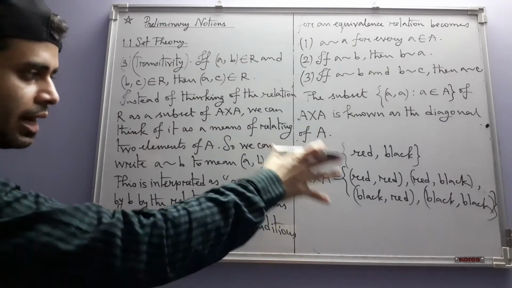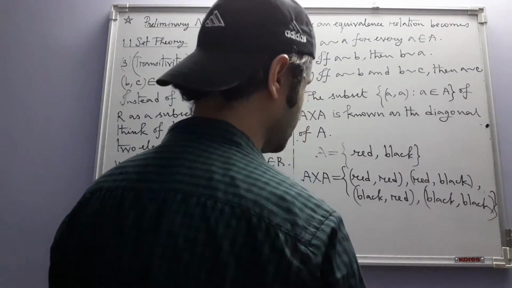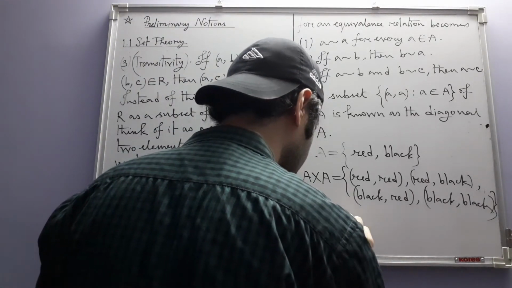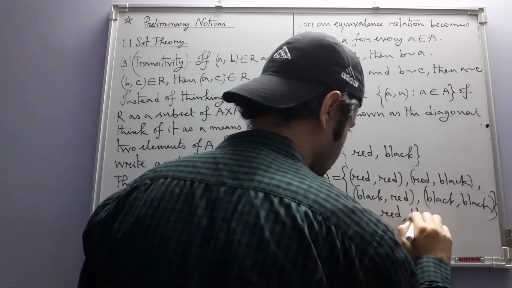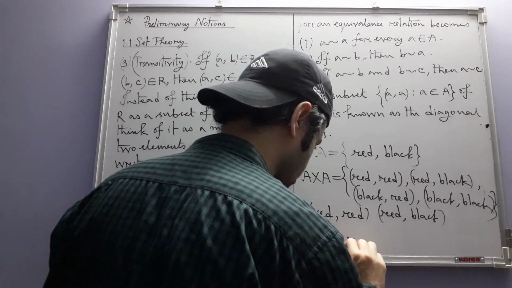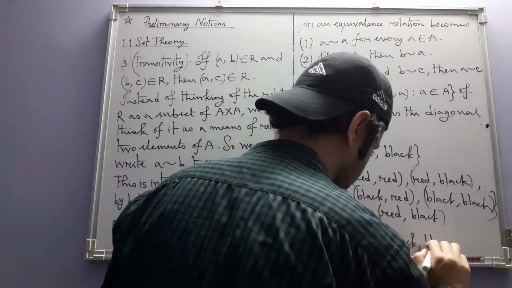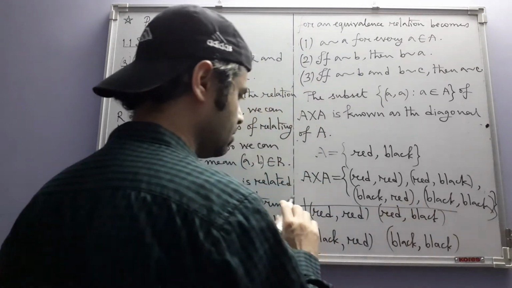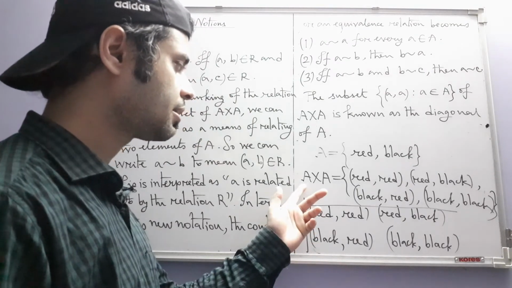Now you can write these elements in a tabular form, or should I say in a matrix form. Red, red, red, black, black, red, black, black, where along the row you have the first coordinates coming from here, right?